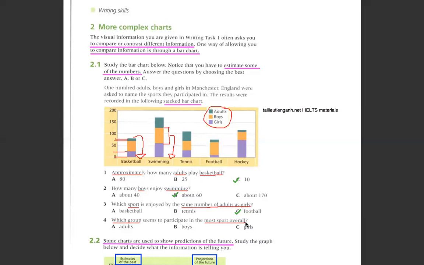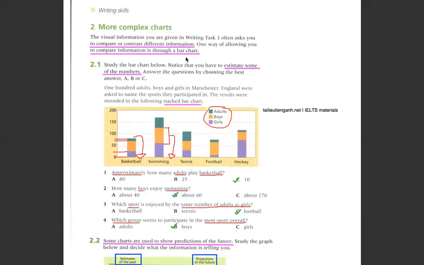So when we look at overall, we're not looking at one individual sport, but the whole bar chart. Right, and the correct answer here is B, boys. Okay, so we can make guesses about each individual sport, but we also need to look at the graph or the chart as a whole and write about that information as well.